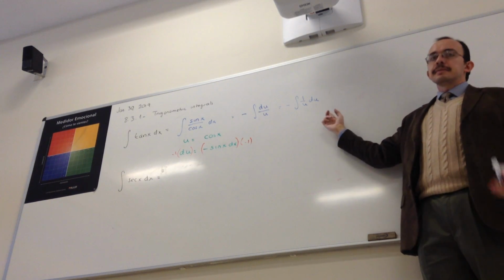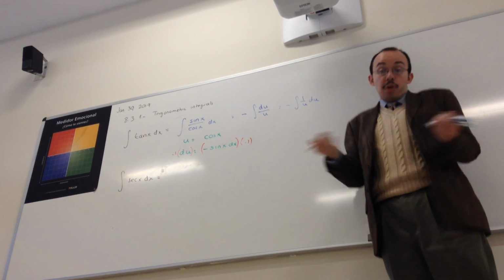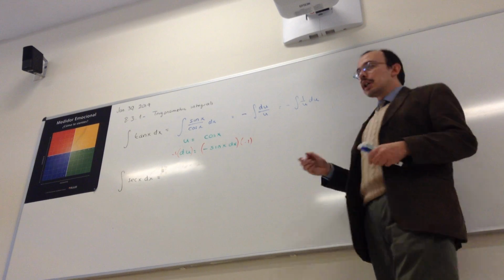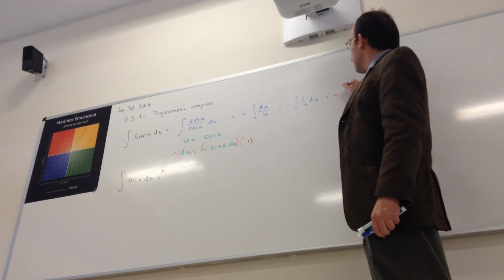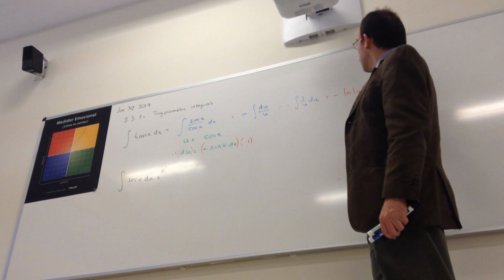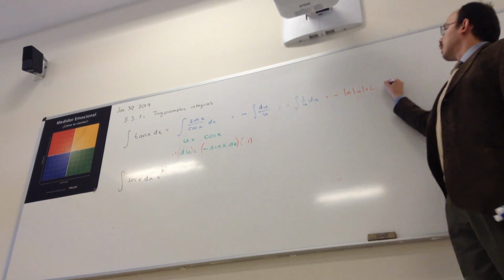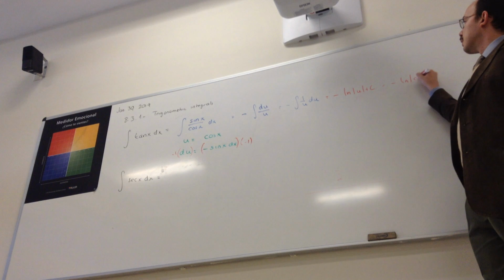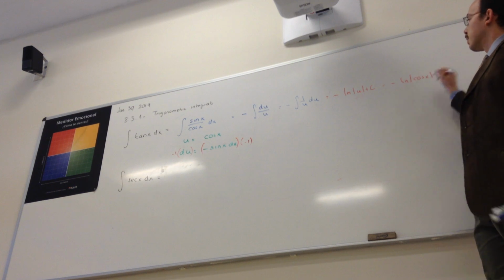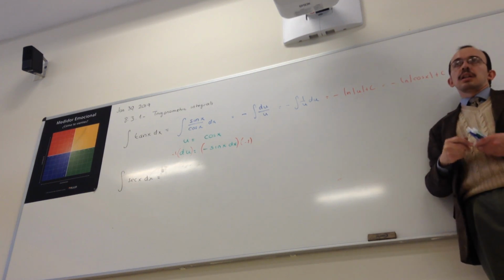Can I integrate that? What's the integral of 1 over u? Ln of u. So, minus ln of cosine of x plus c, which is the one that I gave at the beginning.